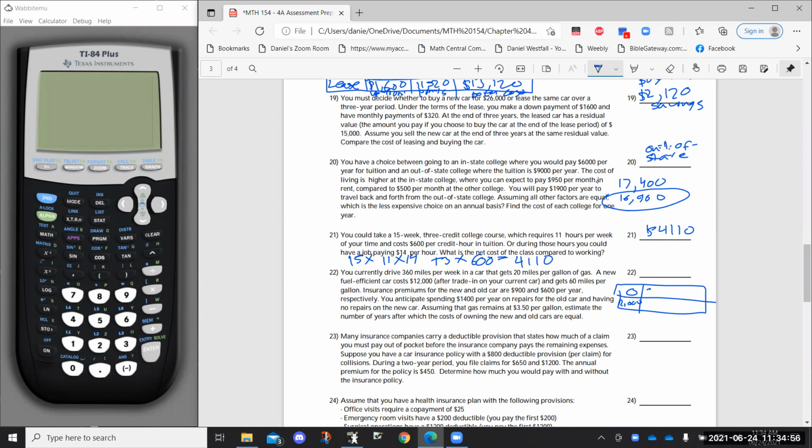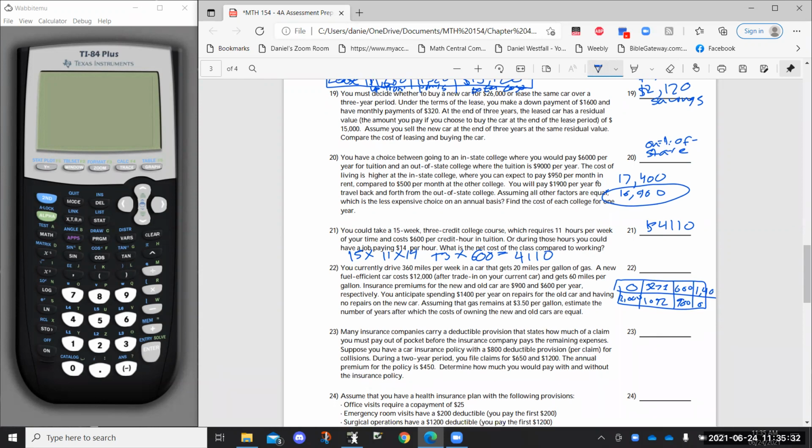These are your gas costs, 32.76. This is 1092. This is insurance. This is maintenance. That's supposed to say 1,400, right?